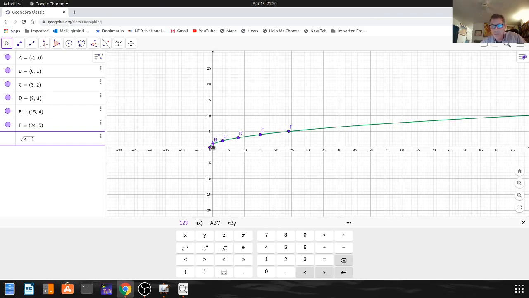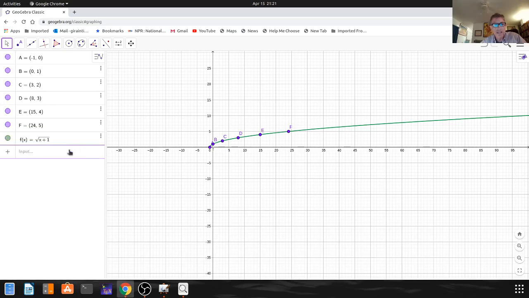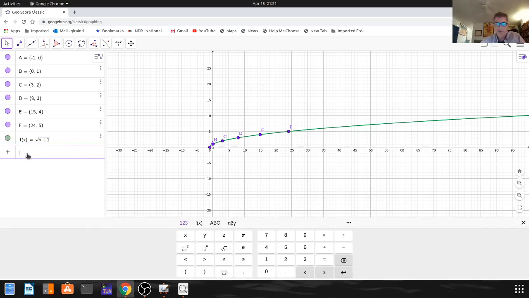Notice we're only taking the positive values, so it passes the vertical line test. If we wanted to plot the negative square root of it, so this is another function altogether, it would be this red line down here.